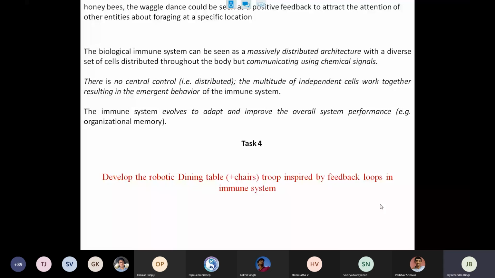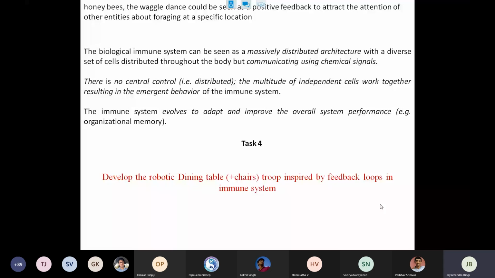Positive feedback means they reinforce the change. They will keep changing the form or structure. So that kind of thing already exists in nature. The only thing is you have to observe and understand.